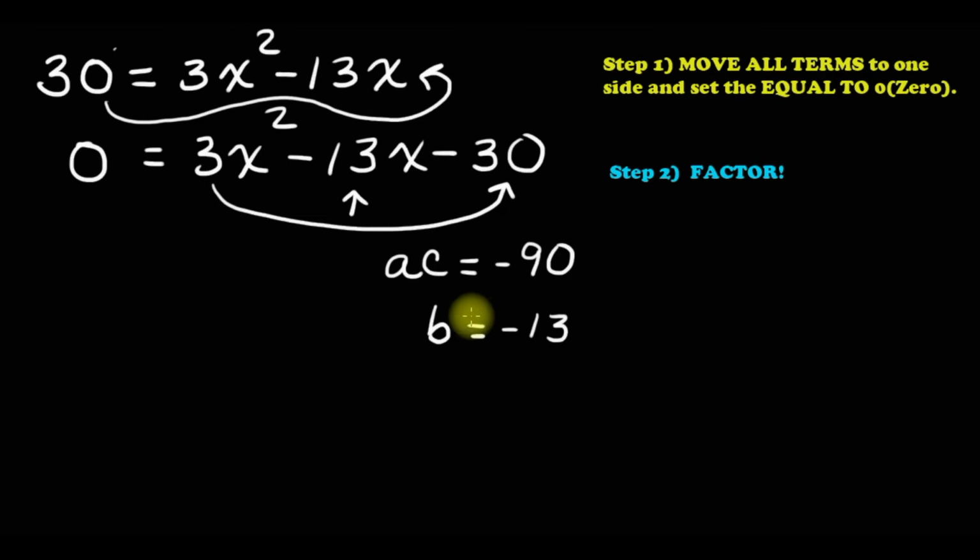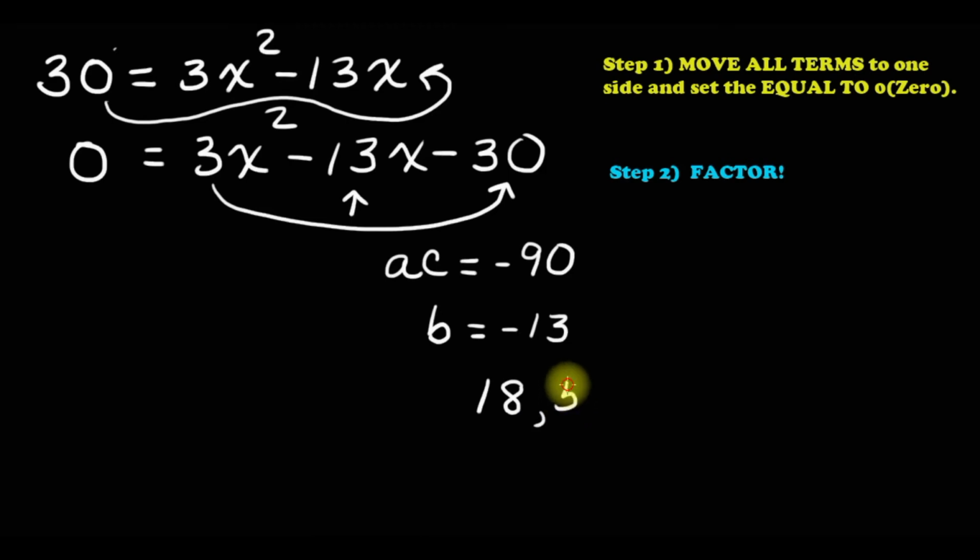So let's think about those two numbers. Multiplied, they give negative 90, and when you add them, it comes out to negative 13. Now it has to do with a positive and a negative number. Let's try 18 and 5.